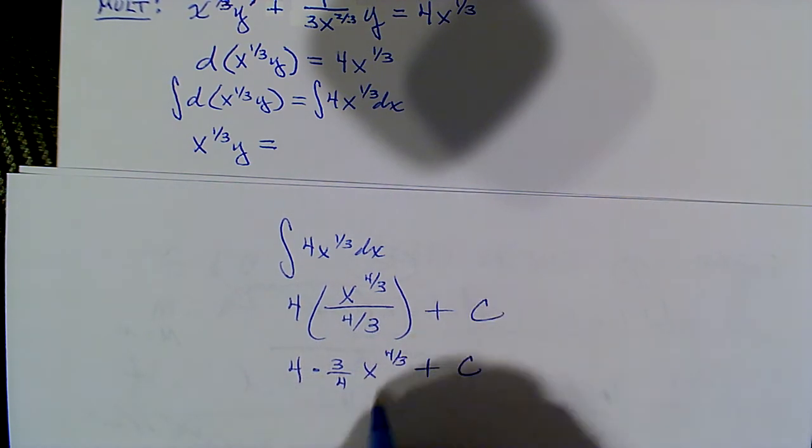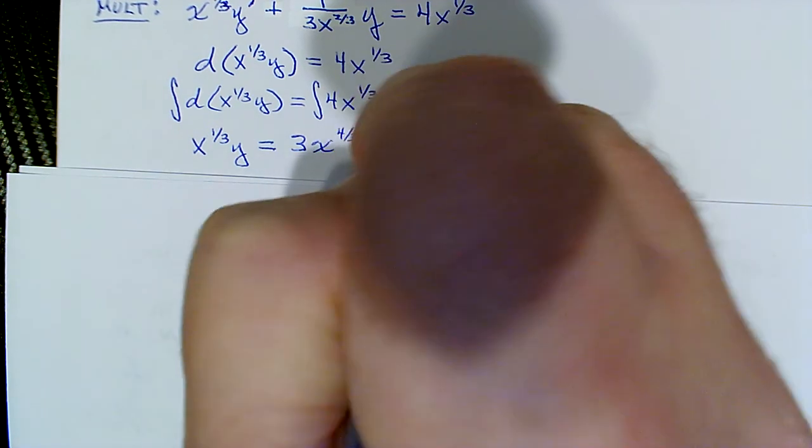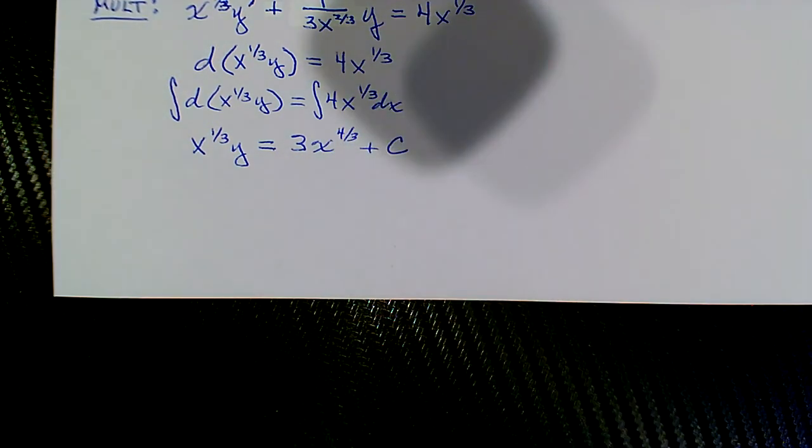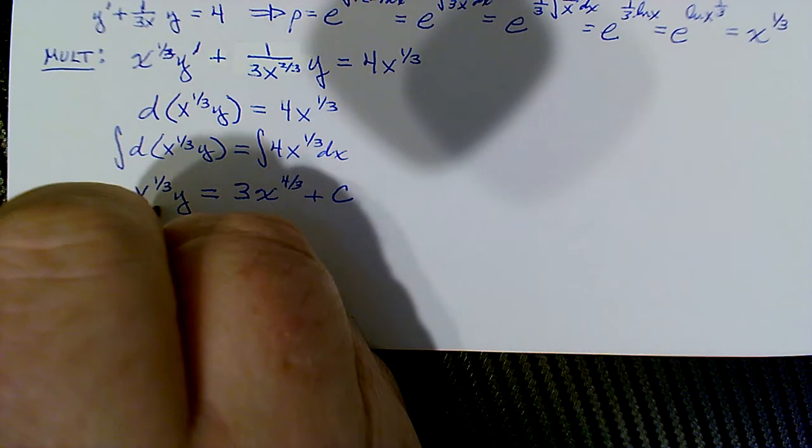So we just get 3x to the 4/3. And then plus the constant of integration. And then at that point, to get the general solution, we'll divide everything by x to the 1/3.